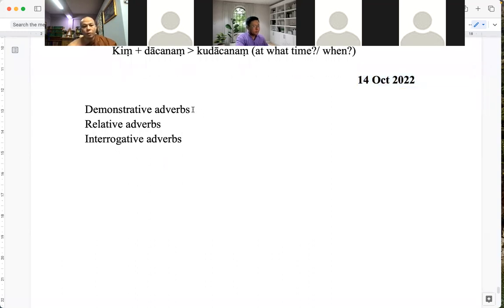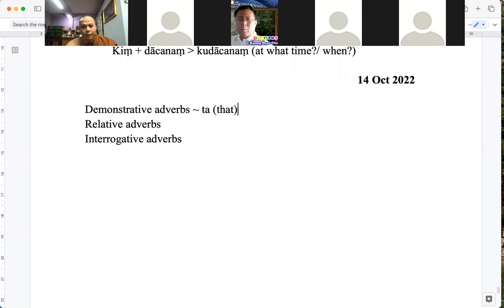So demonstrative pronouns are related to the 'ta', that, and then 'ima', this. And relative pronouns are related to 'ya', which means which or what.